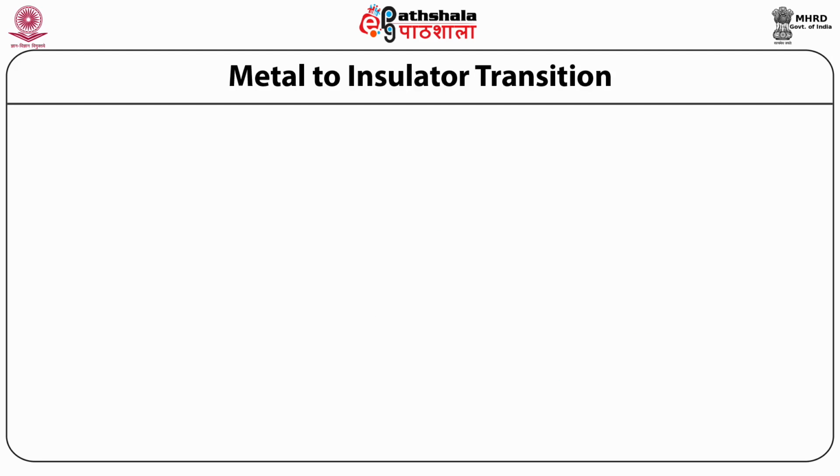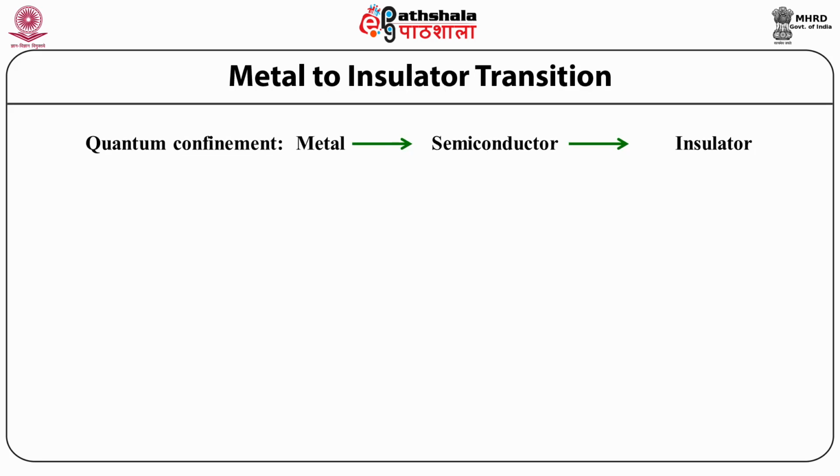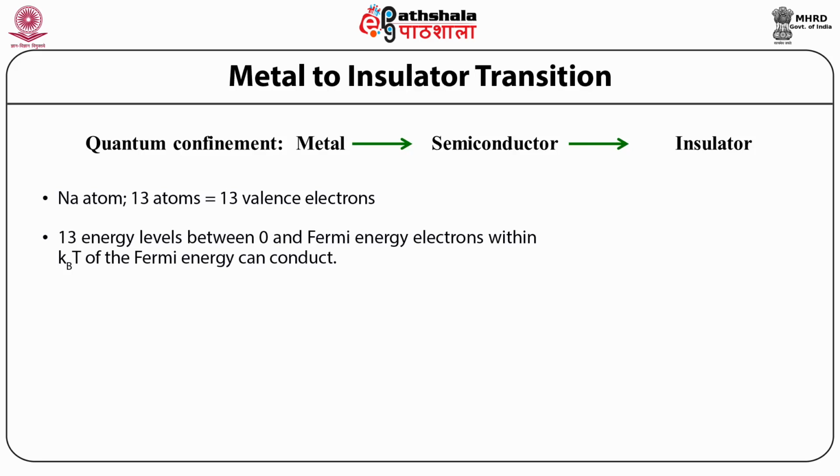So students, continuing our discussion over metal to insulator transition, quantum confinement is the phenomenon which makes the transition first from metal to semiconductor and then from semiconductor to insulator. As is evident from this figure, which shows the energy levels for the sodium atom, if there are 13 atoms, which is equivalent to 13 valence electrons, 13 energy levels lie between 0 and the Fermi energy.